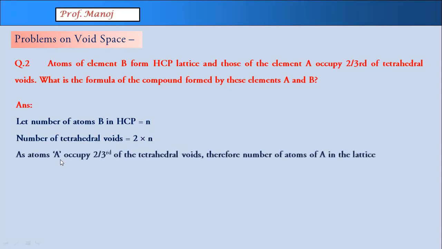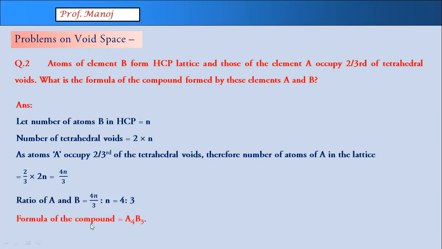So, they are saying A is occupying only 2/3 of this place. So, atoms कितने होंगे? 2n into 2 by 3. That's 4n upon 3. ये नंबर हो गया मेरा A का, और B का नंबर अपने पास है n. सो रेशियो हो गया 4n upon 3 is to n. That is 4:3. So the formula becomes A4B3.